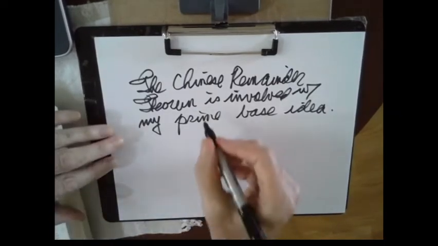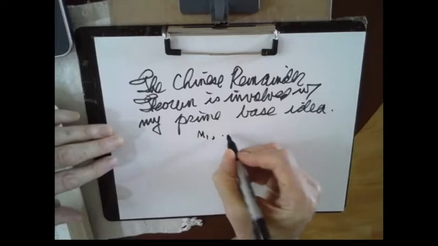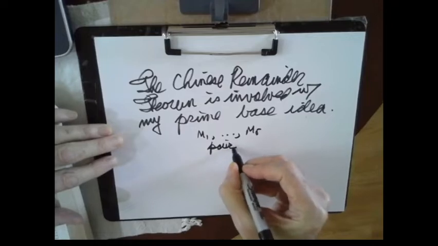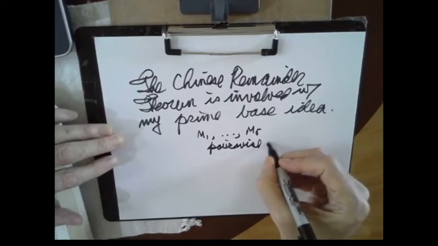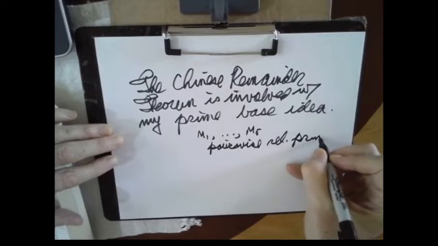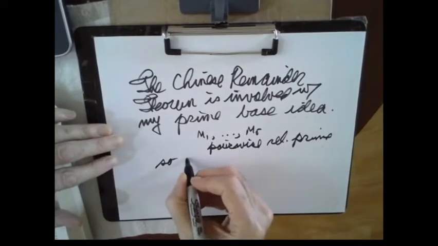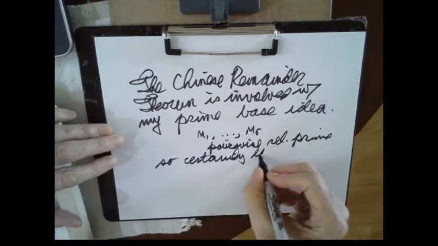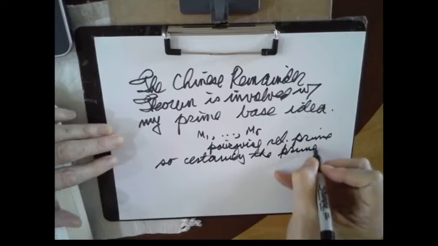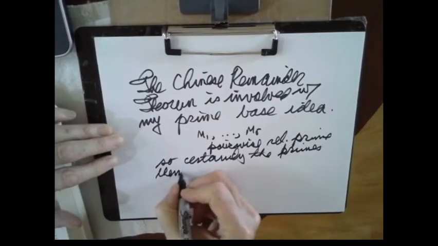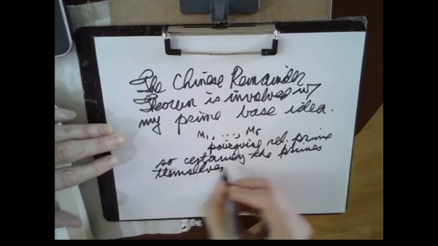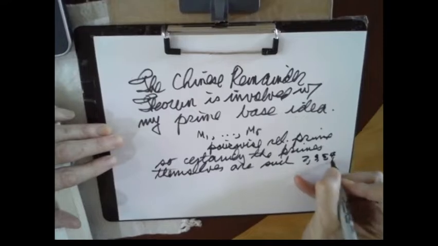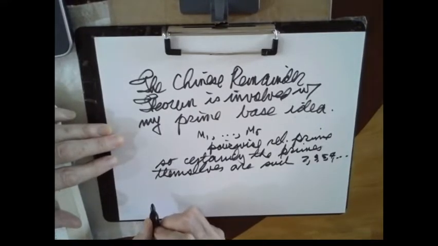If you have M1 through MR pairwise relatively prime, so certainly the primes themselves fit that bill, 2, 3, 5, 7, stuff like that, are certainly pairwise prime.